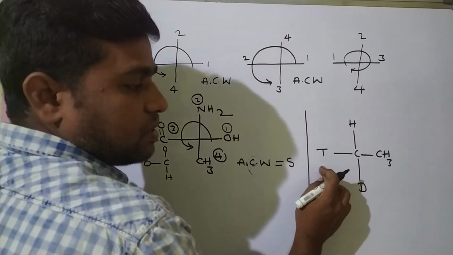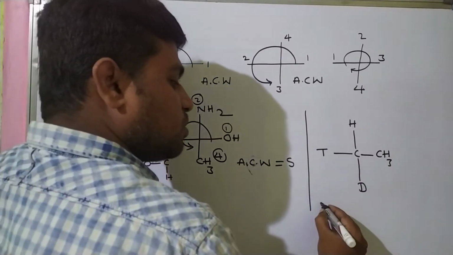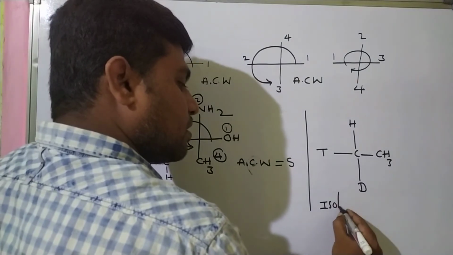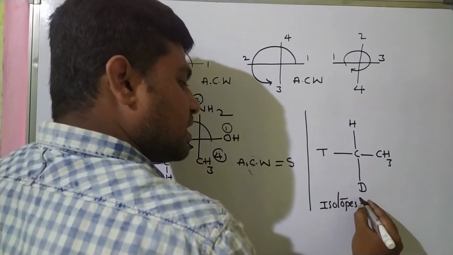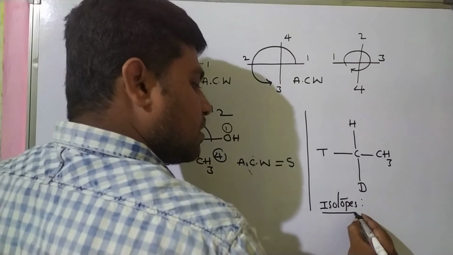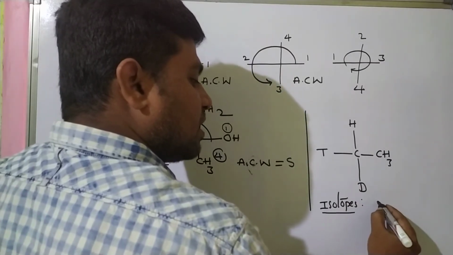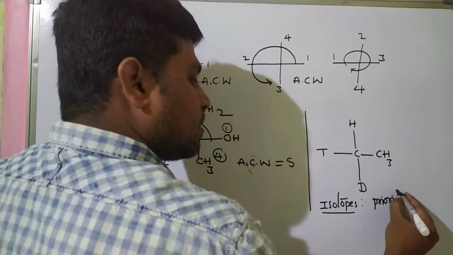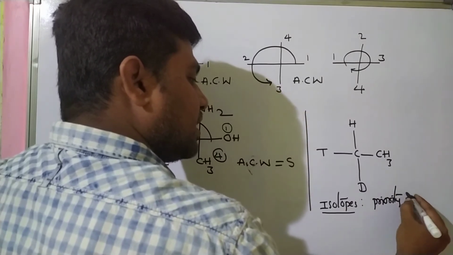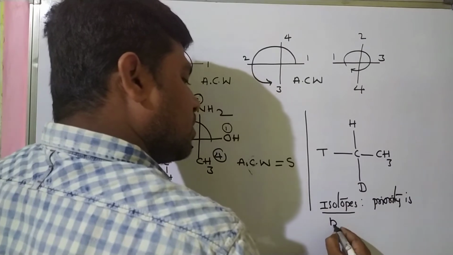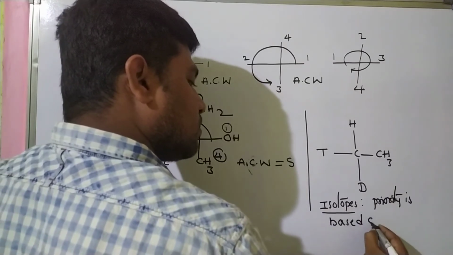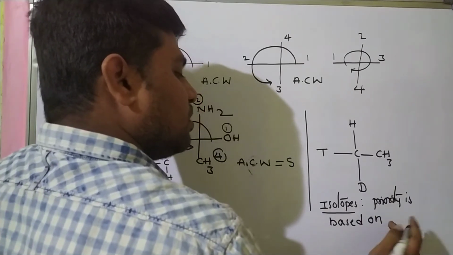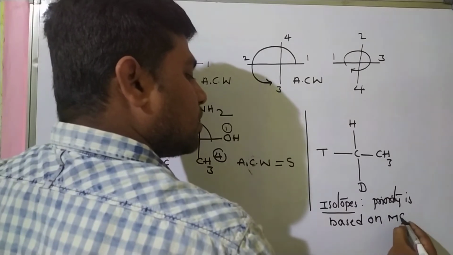So if isotopes are given, the priority is based on mass number.